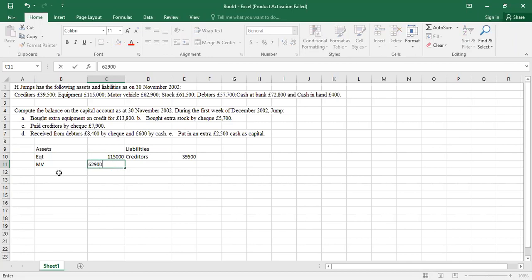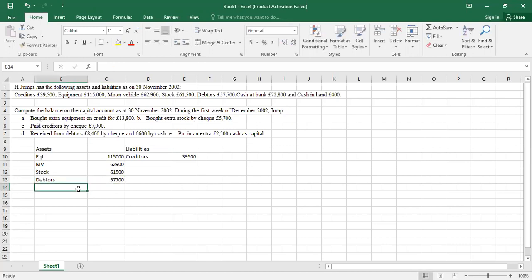The next item is stock, which is a current asset, and the value of stock is 61,500. Then the next item is debtors. Debtors are current assets, amounting to 57,700.